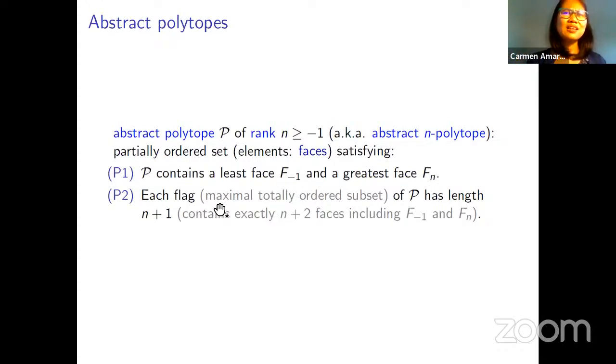Second, each flag, so a flag is a maximal chain or a maximal totally ordered subset of the poset. So each flag of P has length n+1. It contains exactly n+2 faces, including the least face and the greatest face.